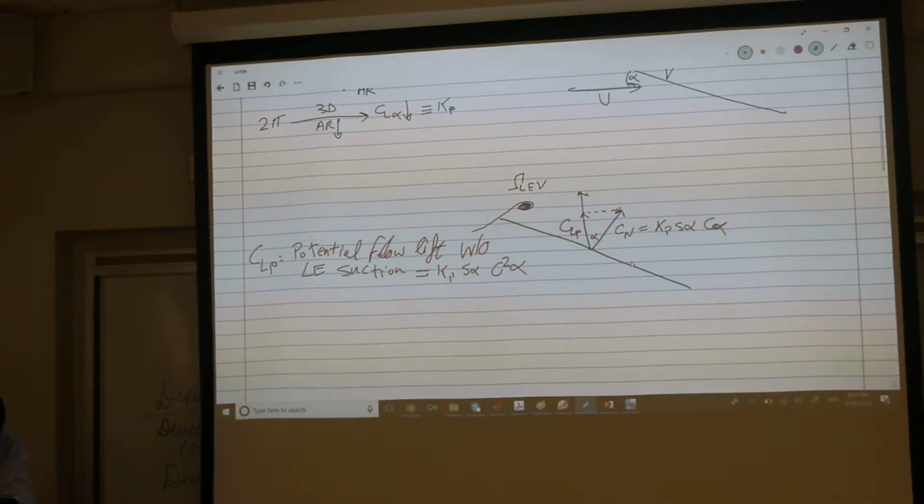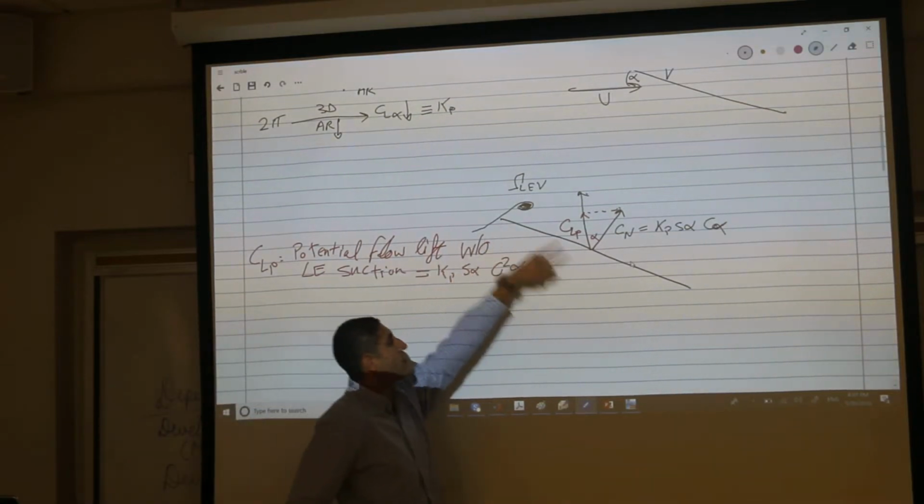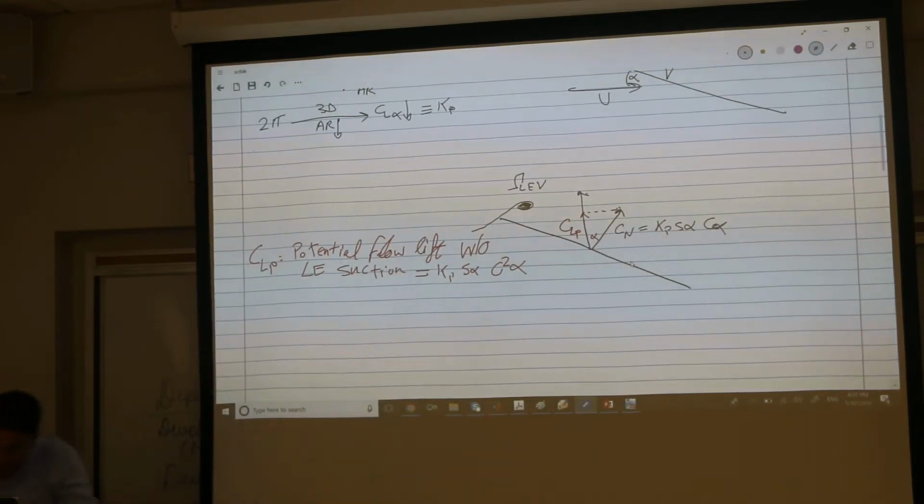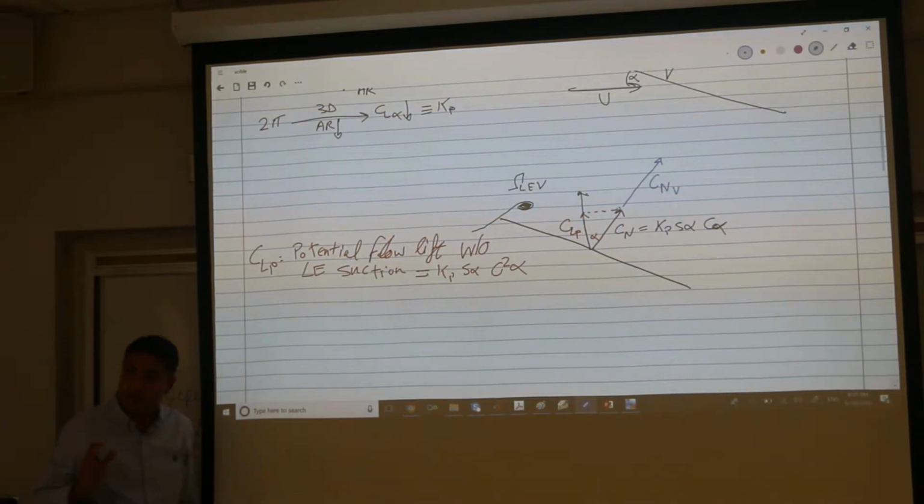He said, well, we expect an additional lift due to the vortex, and since there is no suction anymore, all the forces are pressure forces, so we expect an additional force here, right? This is CNV, the normal force due to the vortex. This is what we're looking for. We don't know it yet, right?